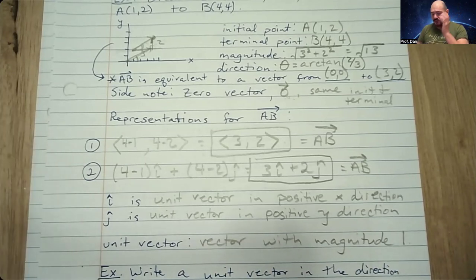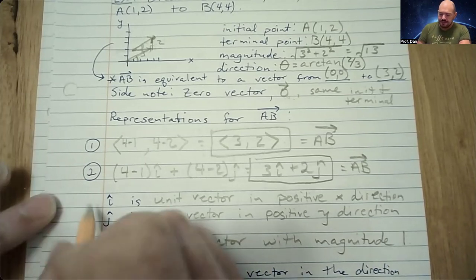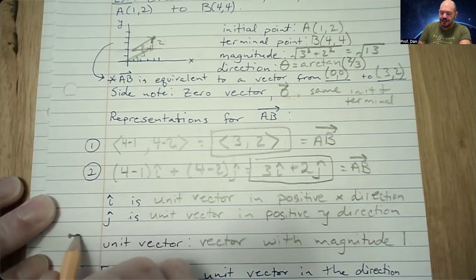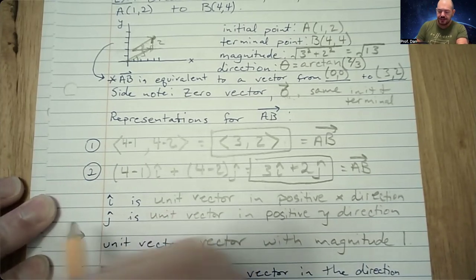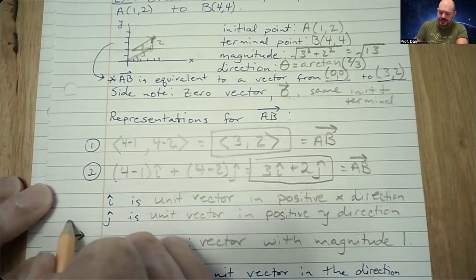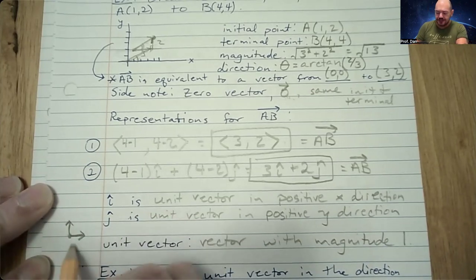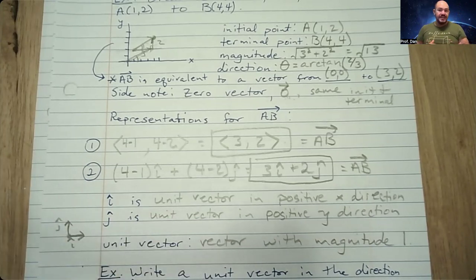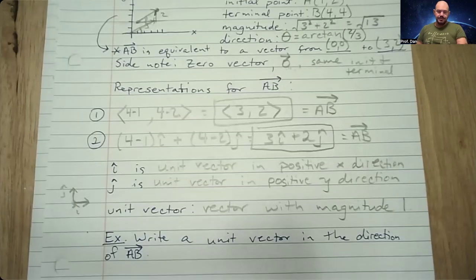or length of 1. So essentially the i's and j's, imagine you're starting at the origin here. i goes exactly 1 unit in that direction. j goes exactly 1 unit in that direction. So if you think about it, i and j are essentially the basis, which you'll learn way more about in a linear algebra course, of the entire xy plane, right?